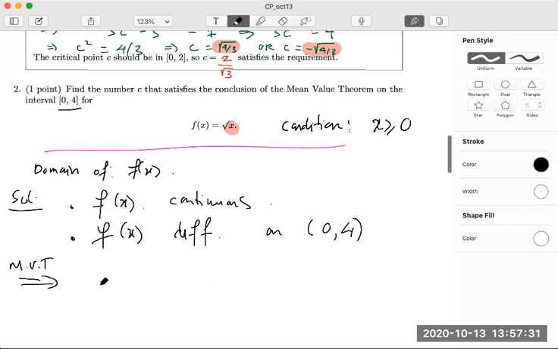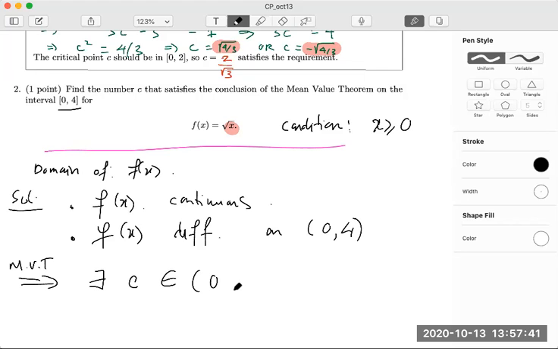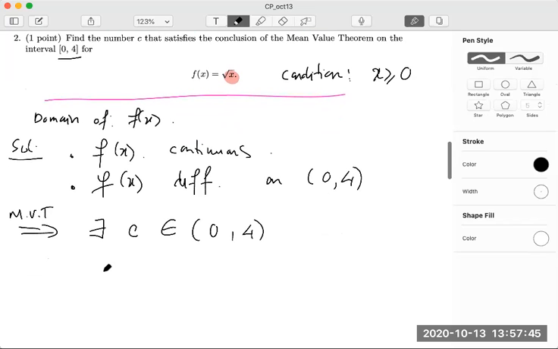We say that, okay, there exists a number c in the interval from a to b, in this case from 0 to 4, right? Such that f prime of c will be, what is it here?